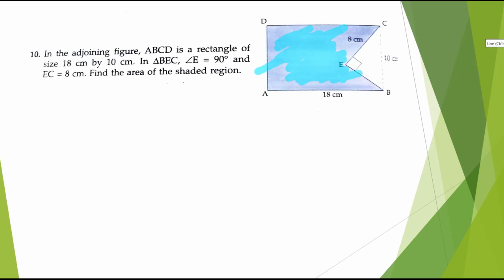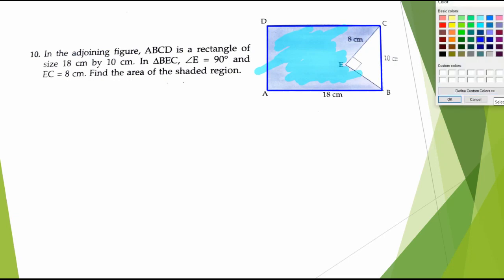So as you can see, the shaded area can be the area of this rectangle minus the area of the triangle.